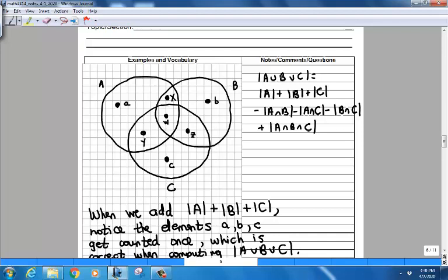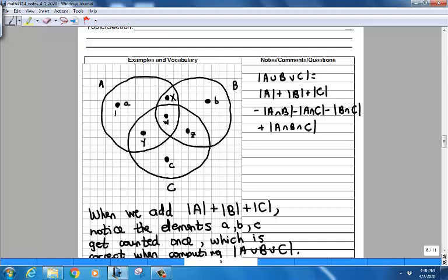Again, to find the cardinality of the union, it says add up the cardinalities of all three of the sets. So when you add in the cardinality of A, notice you're counting once all the elements in A. That means A gets counted one time.